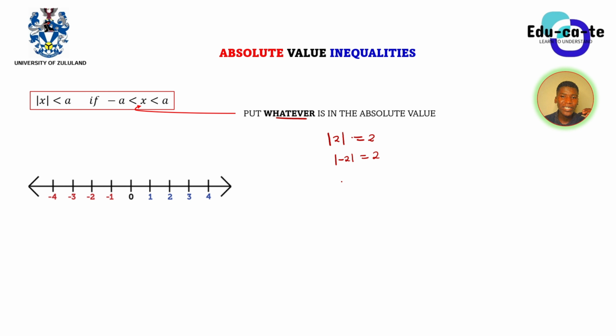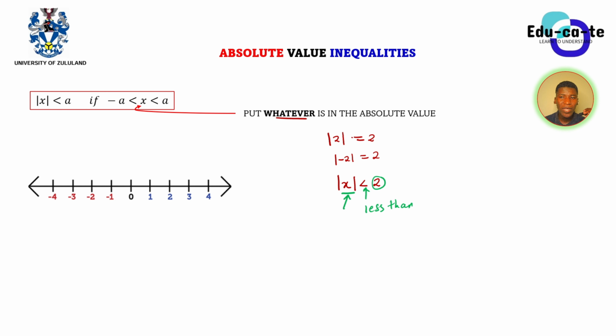So now what if I say that the absolute value of x must be less than 2? Let's interpret this in a geometric sense. Whatever x value I substitute here, it must give me a distance that is less than positive 2.